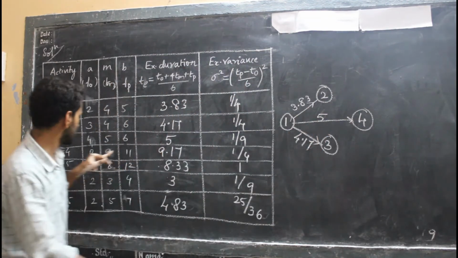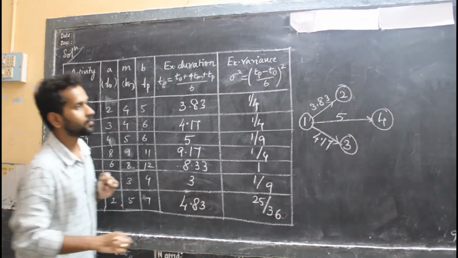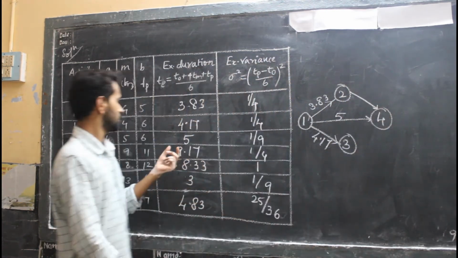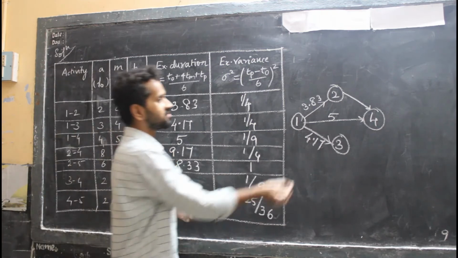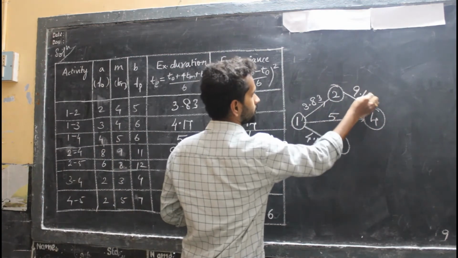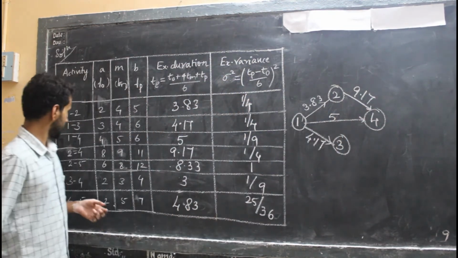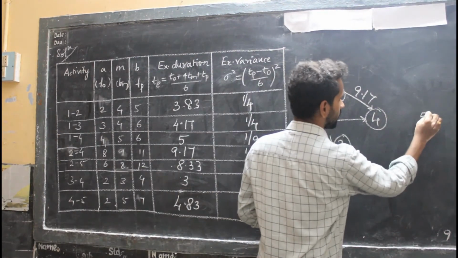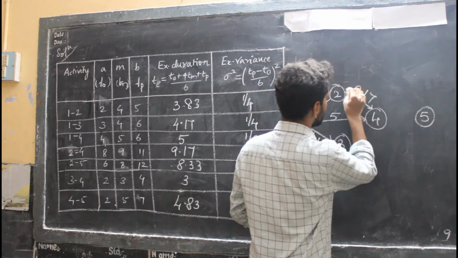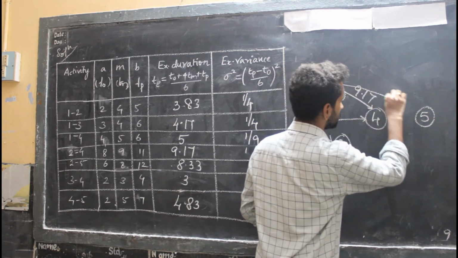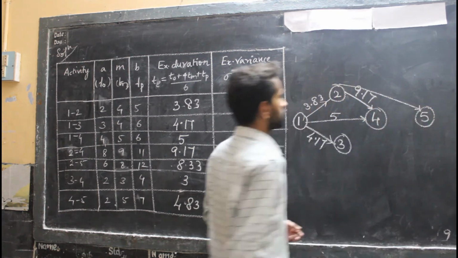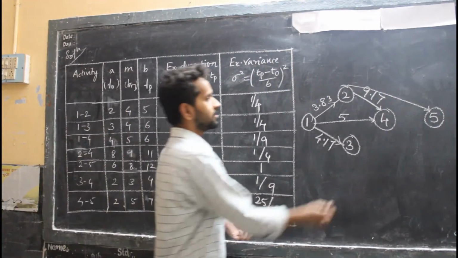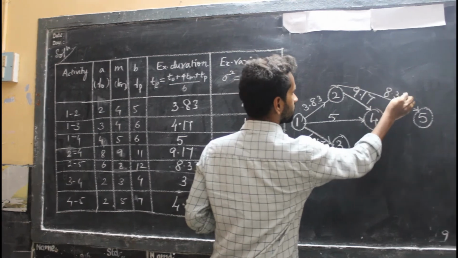Is it clear? Next activity is what? 2 to 4. That means I need to calculate 2 to 4 time duration, which is 9.17. Is it clear? So now next activity 2 to 5. So I need another node, event 5. 2 to 5 activity, time duration is 8.33.